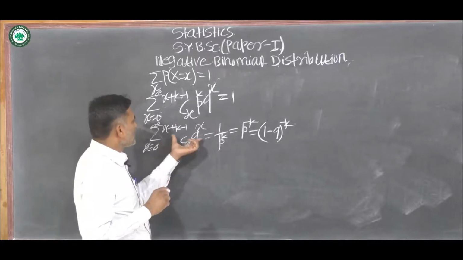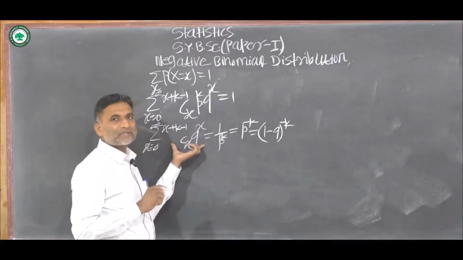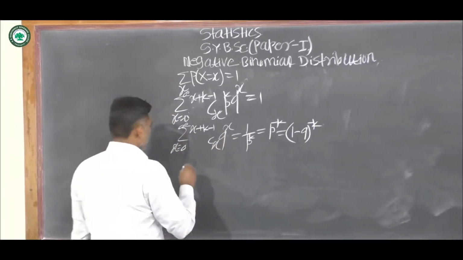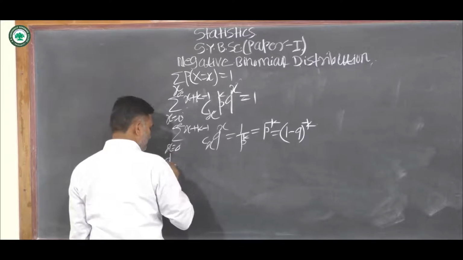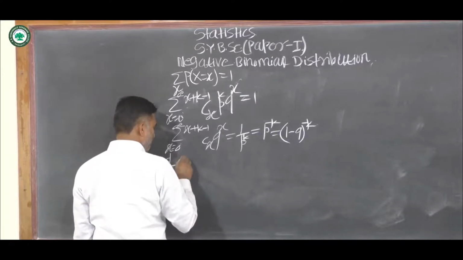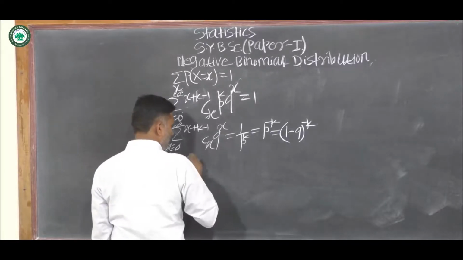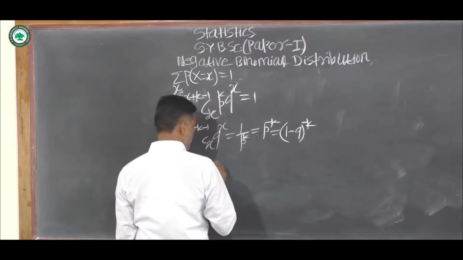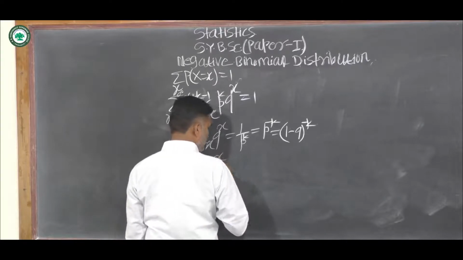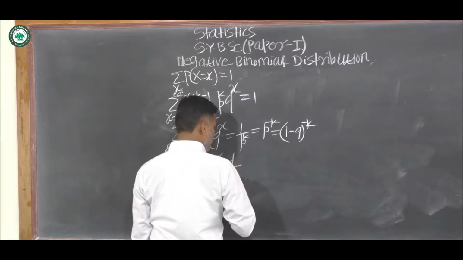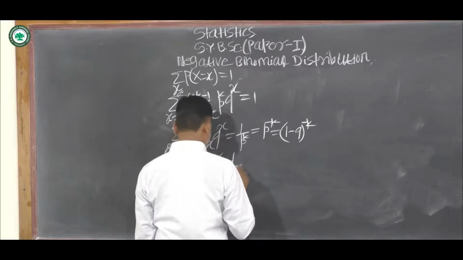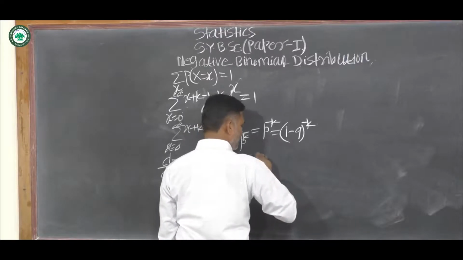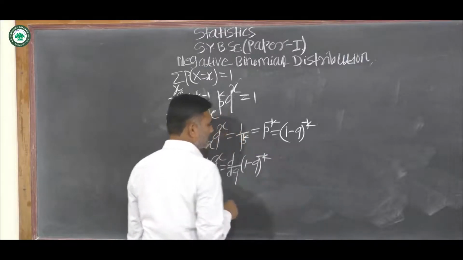Now we take the partial derivative of this equation with respect to q. Okay, now we take the derivative with respect to q of the summation of x plus k minus 1 C x into q raised to x, which is equal to the derivative with respect to q of, in bracket, 1 minus q, bracket raised to minus k.